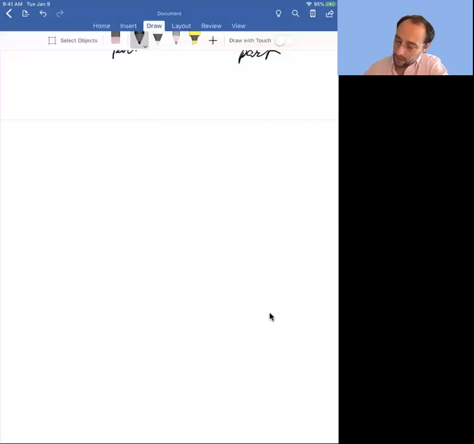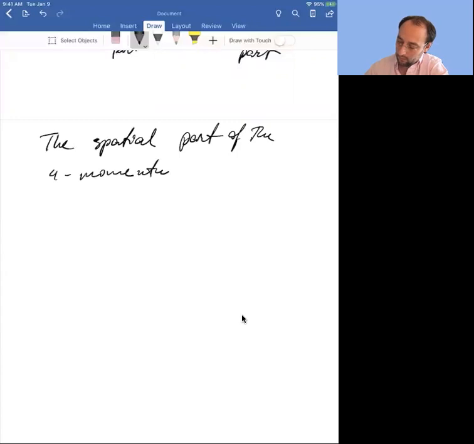So the spatial part is, I'm just going to use the letter p, equals gamma times m u, which is gamma times the ordinary momentum.